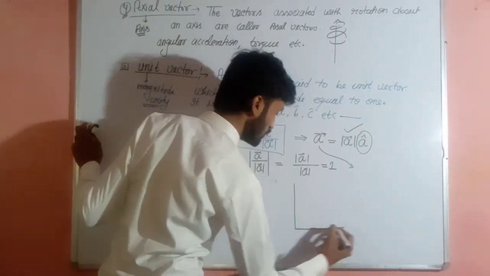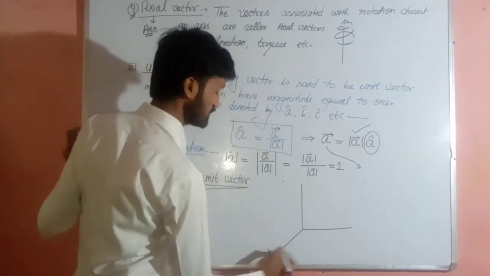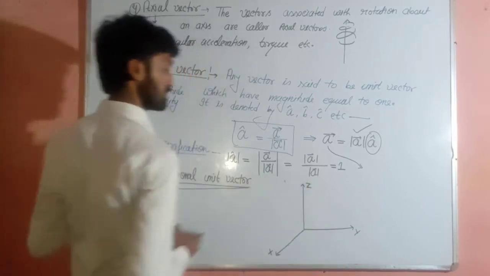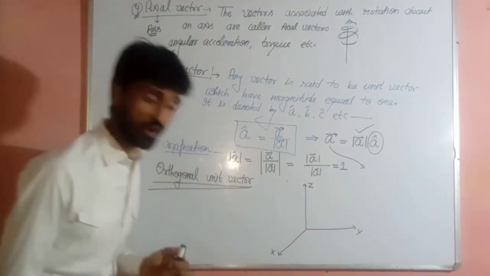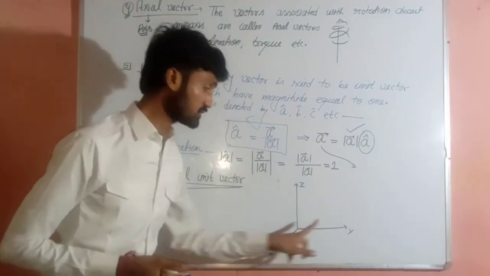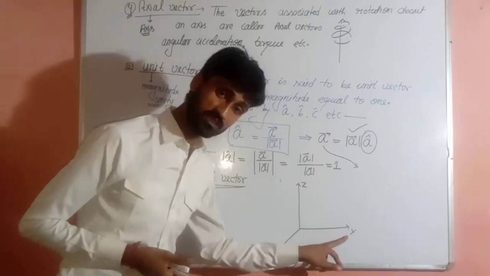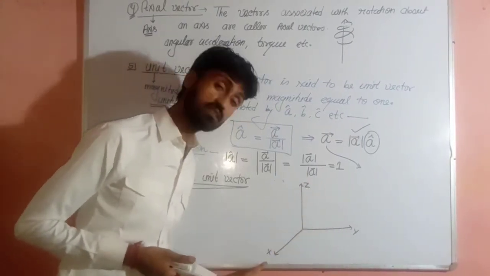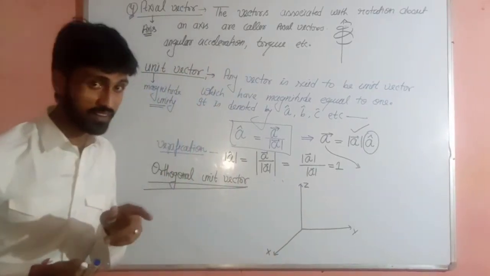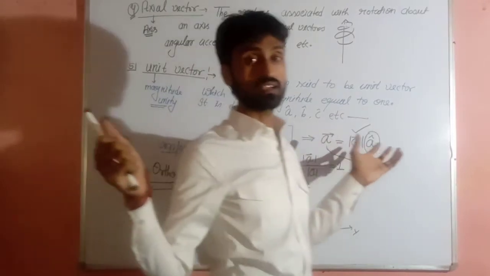We have 3 mutually perpendicular axes, x, y and z axis, and the order of the axes is fixed. If this is x, then this is y, and after that this is z. If you change the order, then the calculation of the overall mathematics will be different.